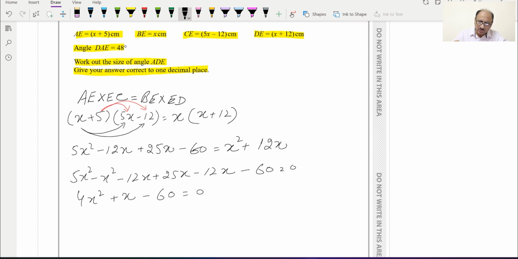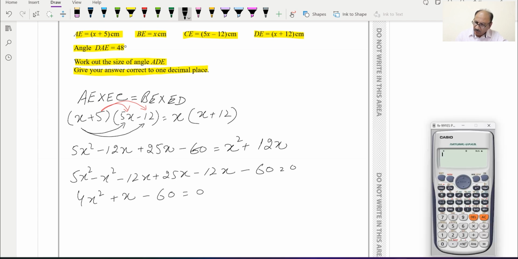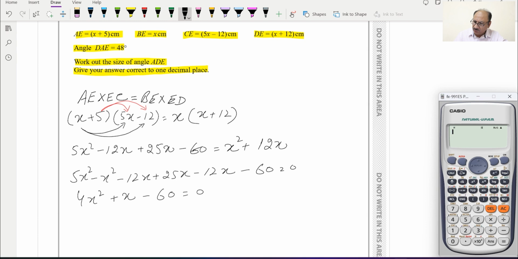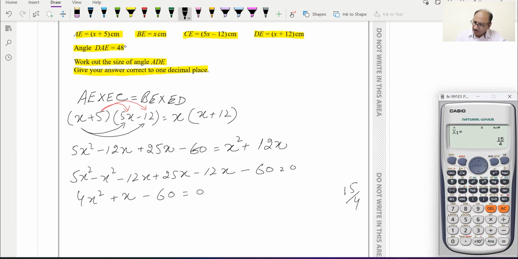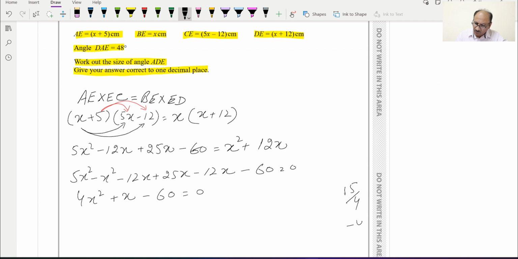We can now solve this quadratic equation by factorization, and we can take help from the calculator using mode 5-3. The coefficient of x squared is 4, the coefficient of x is 1, and the constant is minus 60. This gives us 15 by 4 as the first value, and the second value is minus 4.